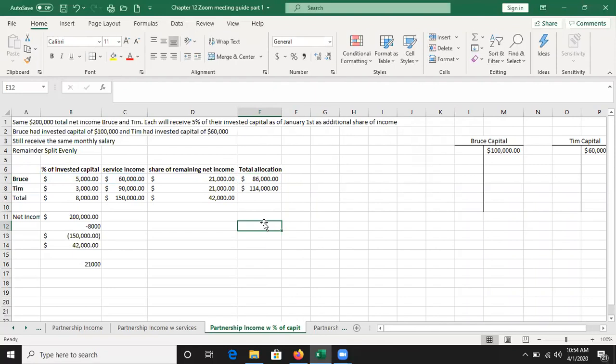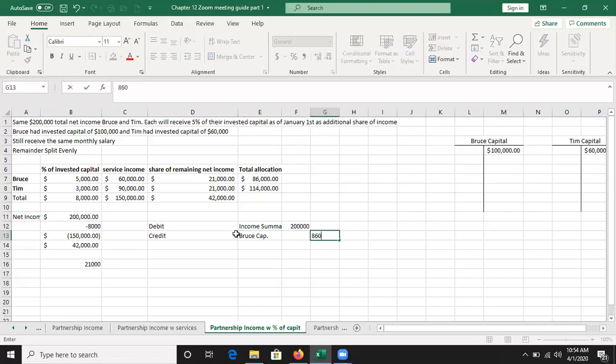Okay. So we're going to go ahead and journalize this the same way we have been. We're going to debit income summary for the full $200,000 of net income. And we're going to credit Bruce Cap for 86,000.